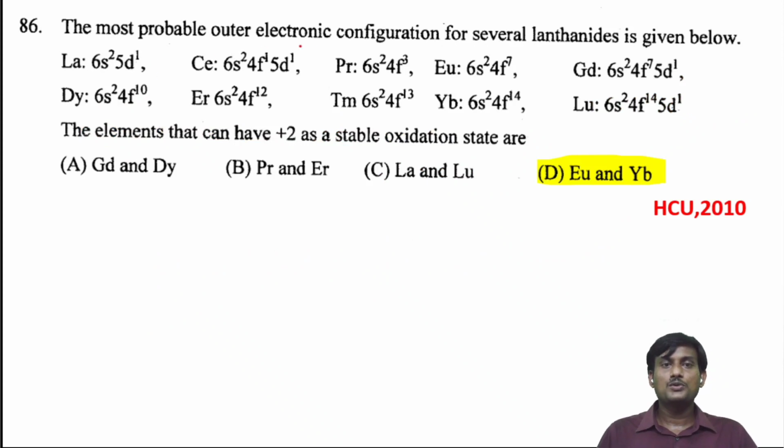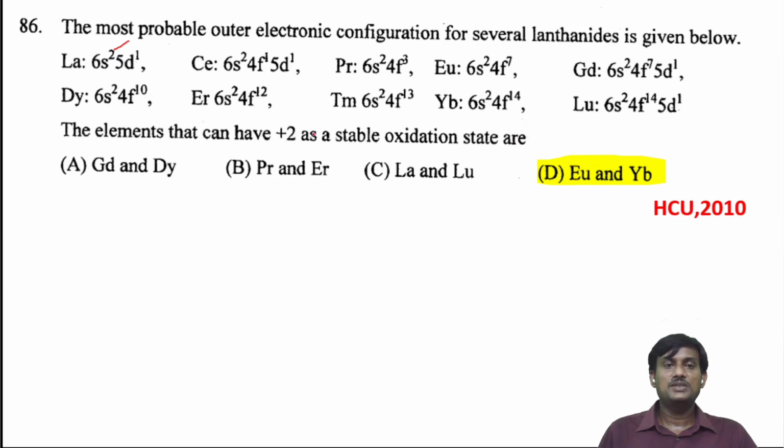The most probable outer electronic configurations for several lanthanides are given below. Okay, these are the electronic configurations which are given. The elements that can have +2 as a stable oxidation state are those in which, after removal of 2 electrons, it gets the f7 electronic configuration.